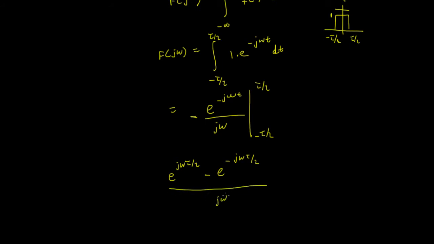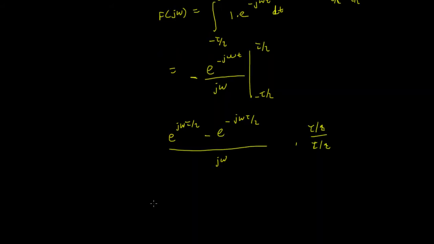There's j omega, and the little trick we do is we're going to try and get this in terms of the sinc function, so we multiply by tau by 2 and divide by tau by 2.